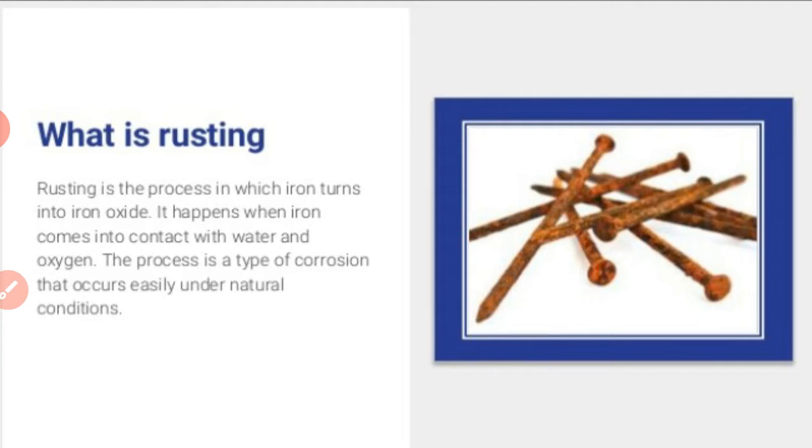It happens when iron comes into contact with water and oxygen. When any iron material is in contact with water, like rainwater, and with the oxygen present in the surroundings, the process is a type of corrosion.